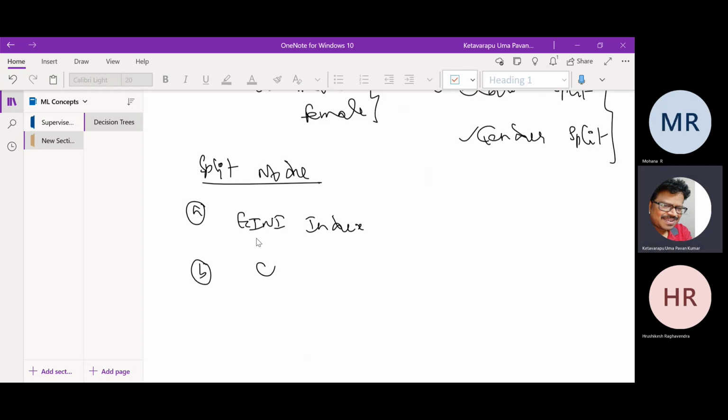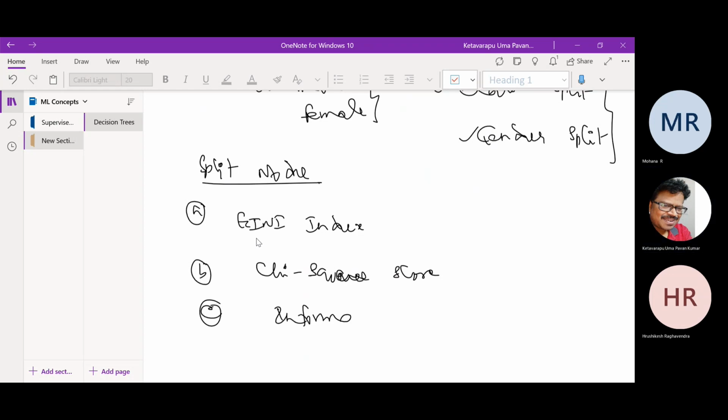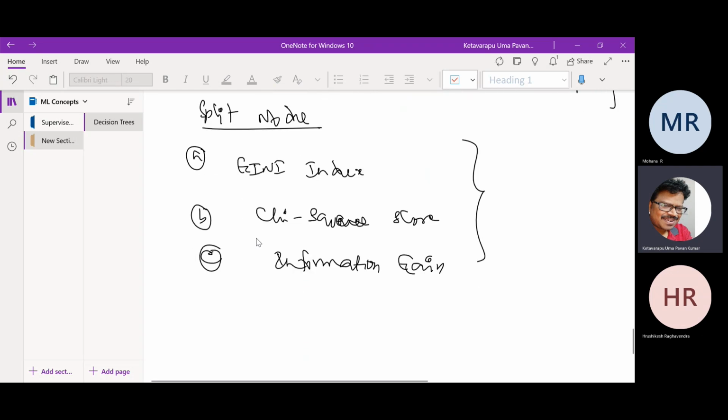And second is chi-square. This chi-square also we can use to split a node. Third is information gain. If you observe, friends, why I'm teaching this mathematics is that as a data scientist or machine learning developer, you need to understand the internal mechanisms of on what basis the split is happening.